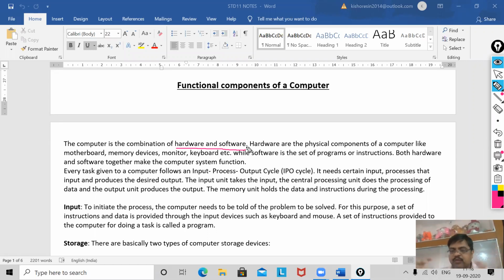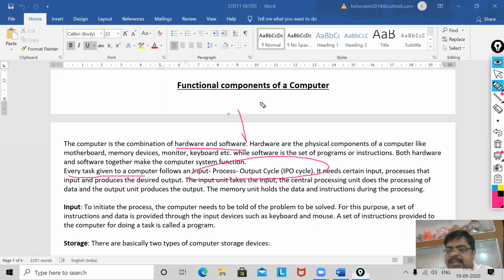So actually we have the concept of hardware and software. And if both hardware and software work together, then you will say that it is my computer system. Understood? Now, you see, every task that is given to the computer must work on which cycle? IPO cycle.